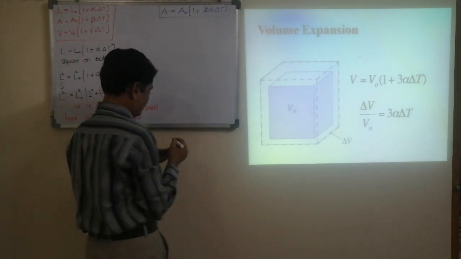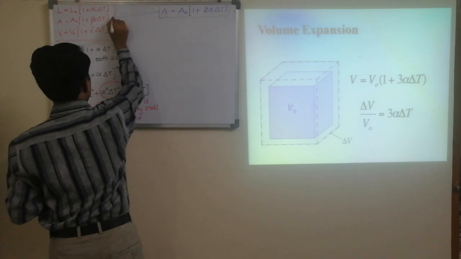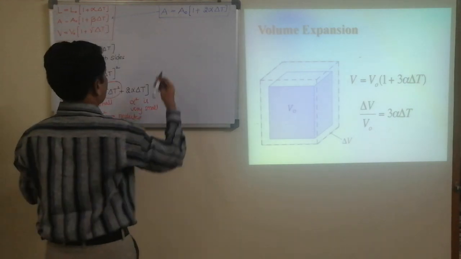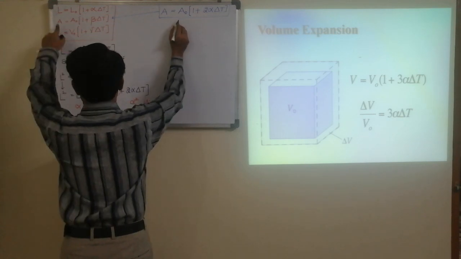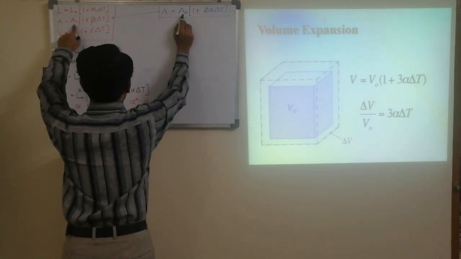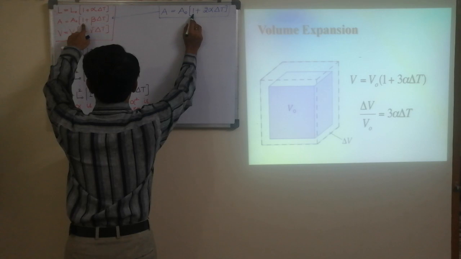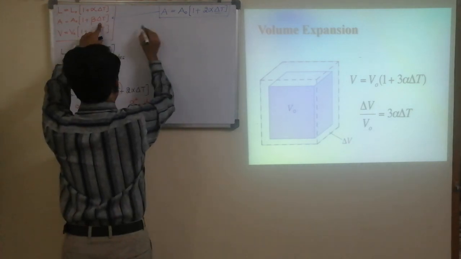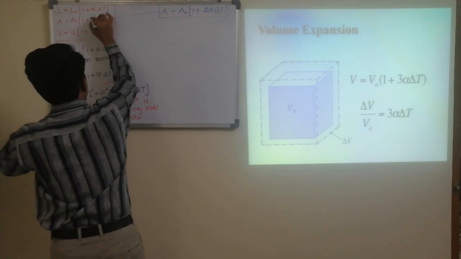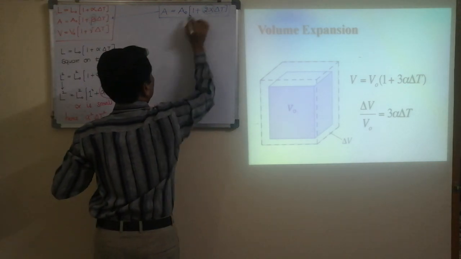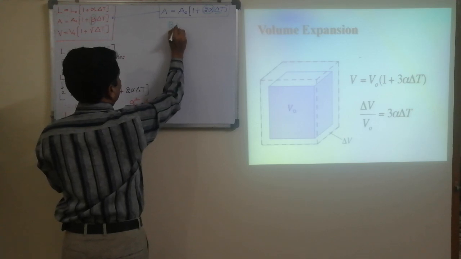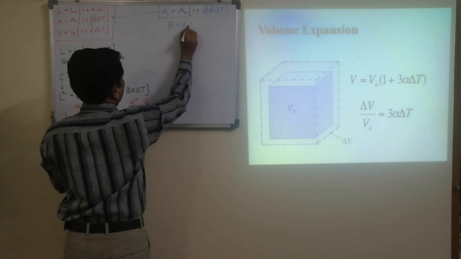When I compare this equation with this, we can say A naught in bracket 1 plus delta T here, delta T here also. Means instead of beta, here we have 2 alpha. Hence I can say beta is equal to 2 times alpha.